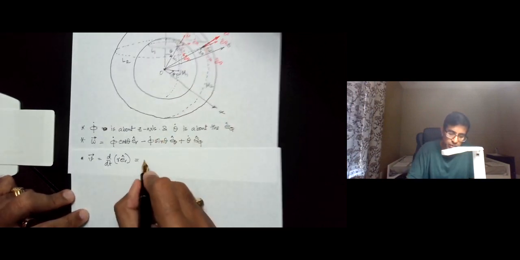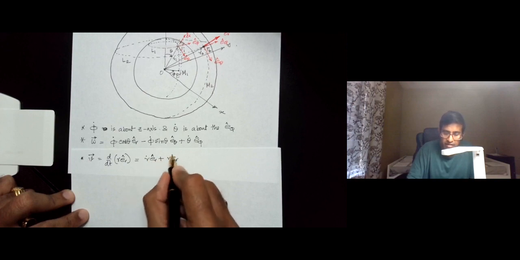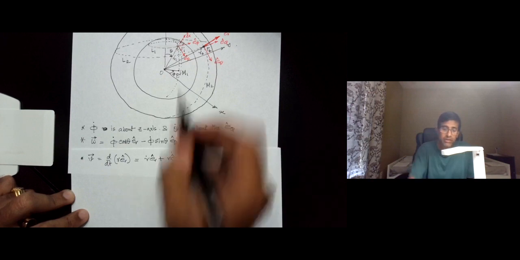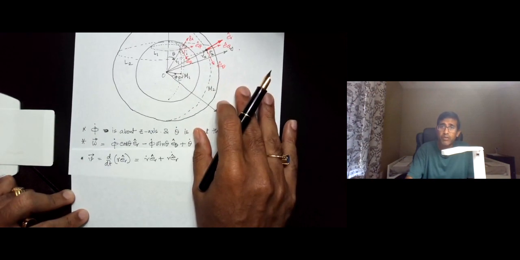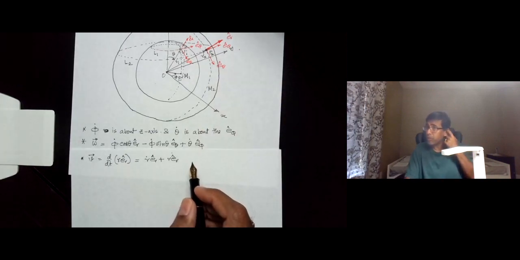So this is going to be R dot ER plus R ER dot, okay? Why ER dot? Because all these individual unit vectors are all rotating in space as the point moves from one point to another.